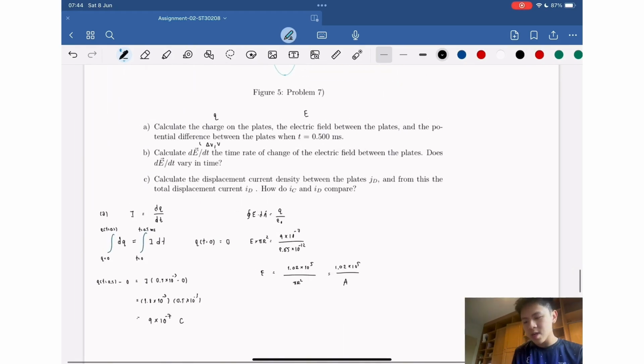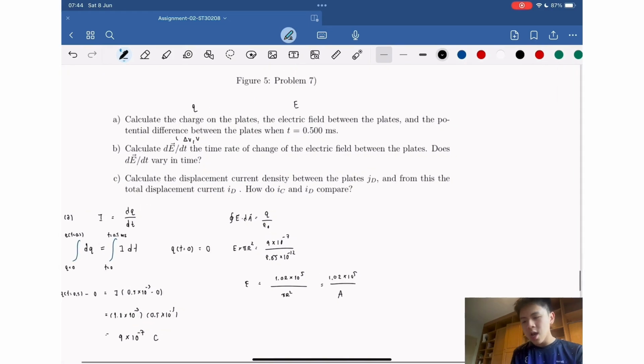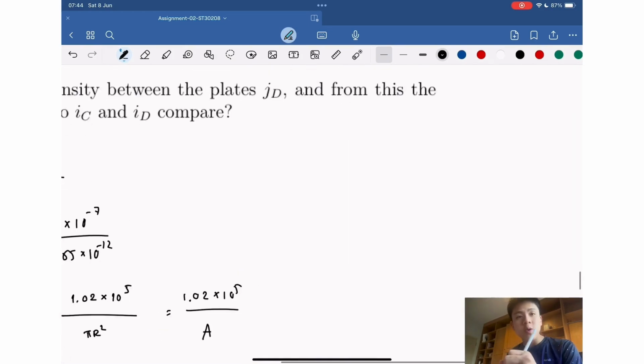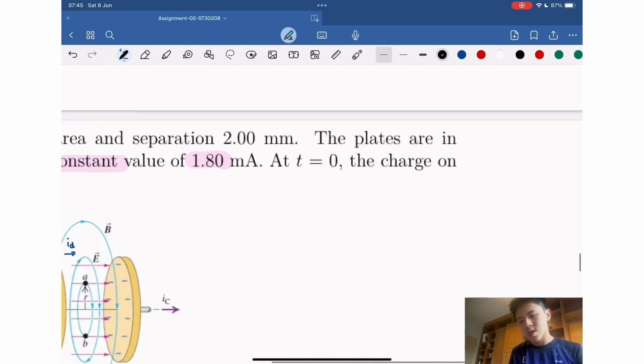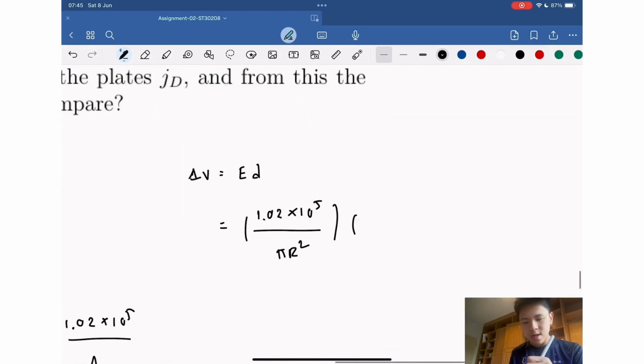And the last thing that we need to calculate in this section is delta V, and we know that delta V is equal to E d. Yeah, 1.02 times 10 to the power of 5 over pi r square times d, which is 0.00 millimeter.